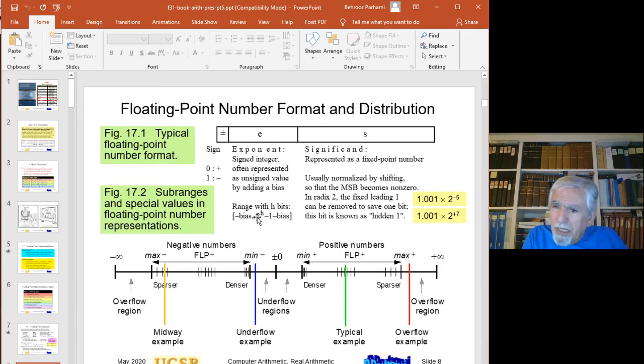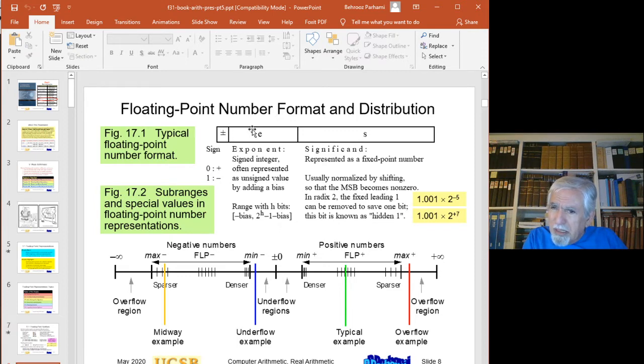So the range of the exponent goes from minus bias. Minus bias becomes represented as 0, because we add bias to it. And 2 to the h minus 1 is the largest value you can represent in h bits.